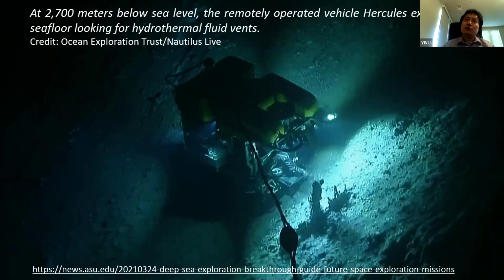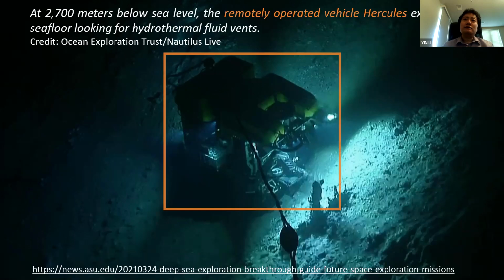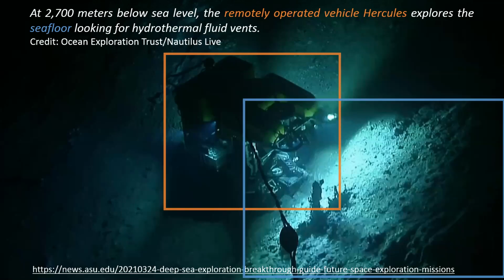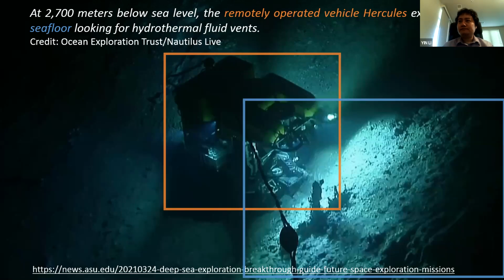Now if you look at this caption and this image and try to make sense of it, obviously this vehicle here is the remotely operated vehicle Hercules, right? And here, this is the seabed that the vehicle is exploring. And these weird-shaped rocks might be the hydrothermal fluid vents.